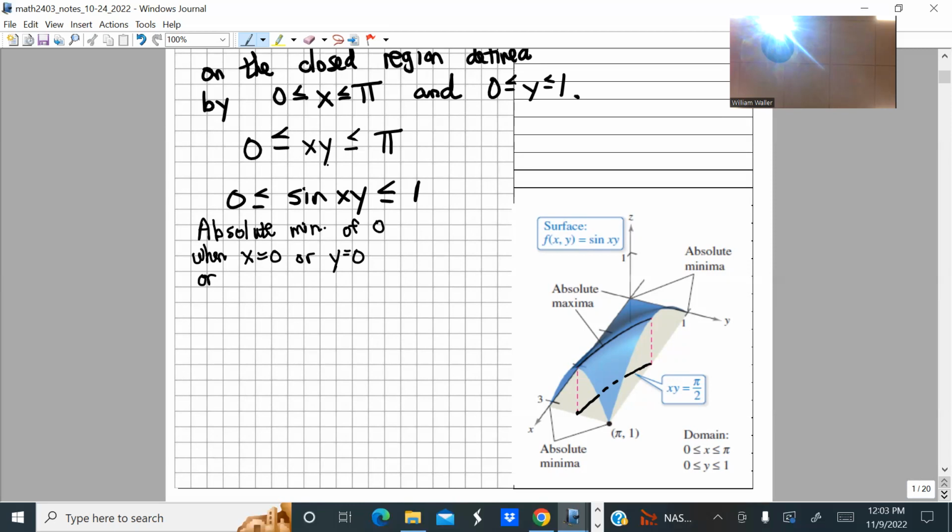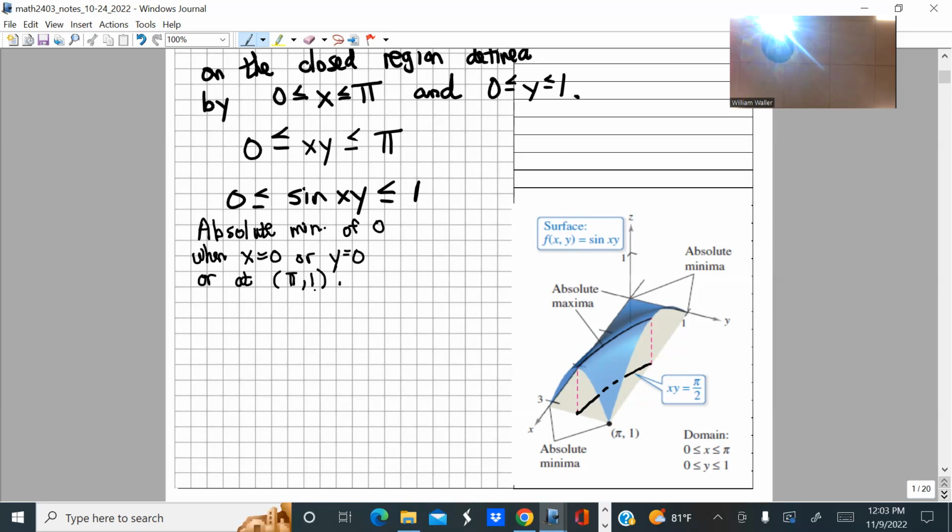So the only way you're going to get this product to be pi is if x is pi and y is 1. So it's this point, because that will also give you sine of pi, which is 0.